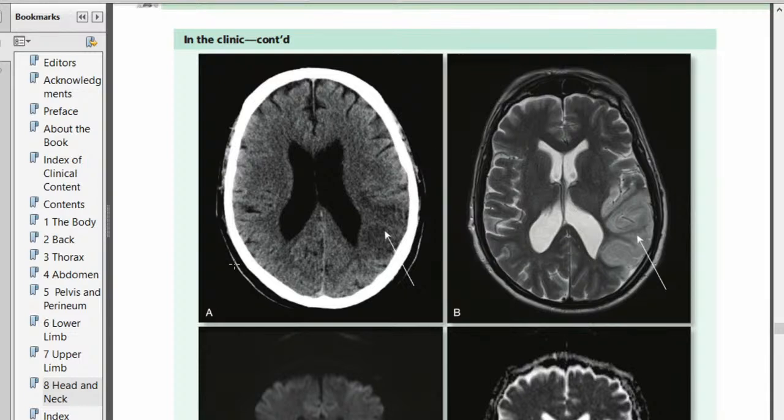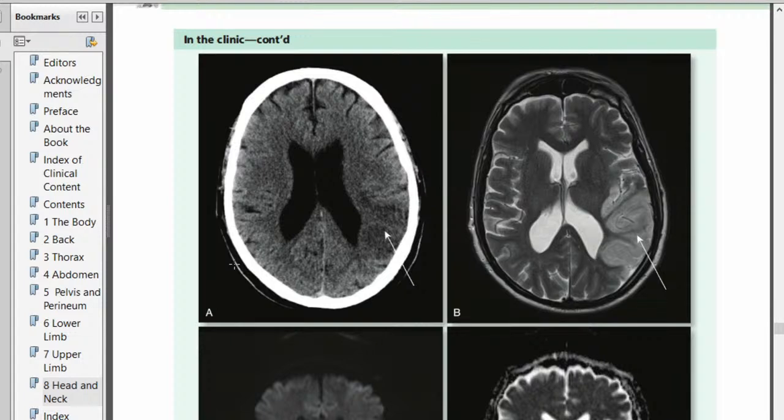Stroke, when there is a lack of blood supply in the brain, the condition is called stroke. Stroke is one of the common pathologies if the person comes with a head injury, for example due to accidents.